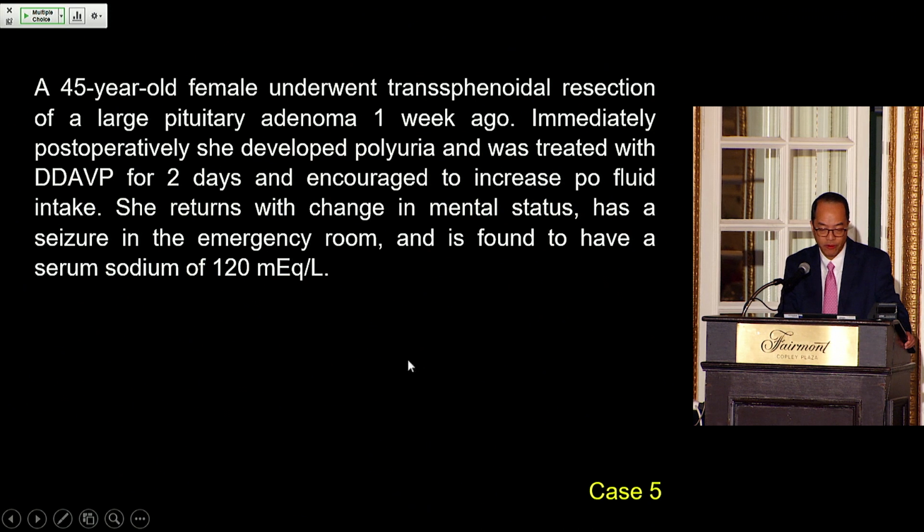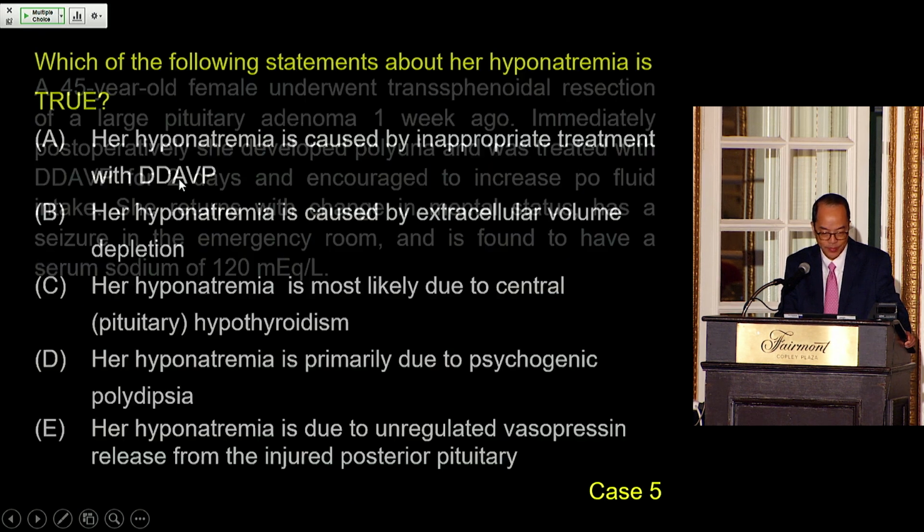Okay, next. A 45-year-old female underwent transsphenoidal resection of a large pituitary adenoma a week ago, and immediately post-op she developed polyuria. She was treated with DDAVP for 2 days and then encouraged to increase her PO fluid intake. She returns with change in mental status and has a seizure in the ER and is found to have a serum sodium of 120.